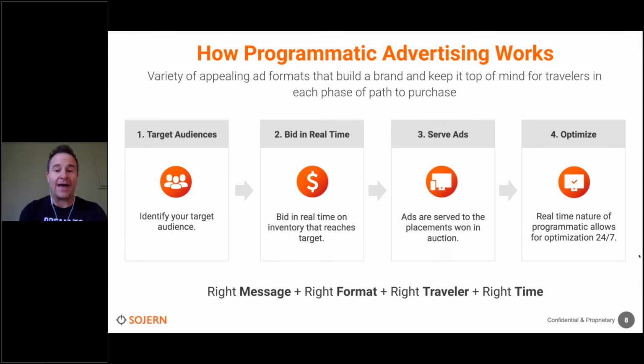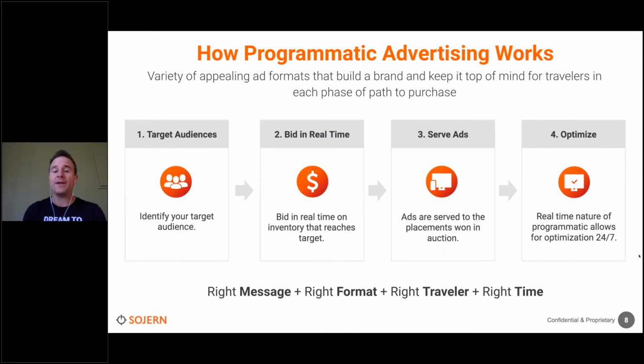Does anybody want to put an ad in front of them? If that matches somebody in our database and traveler profiles, which I'll get into later, and we win that, then we can send the ad over to that website, and boom, right as they're reading the article, the ad gets displayed in front of them.